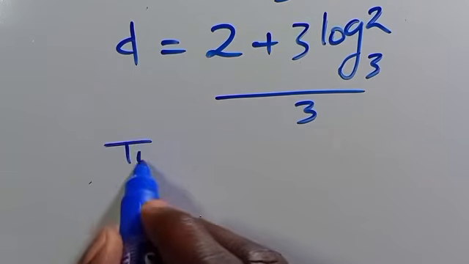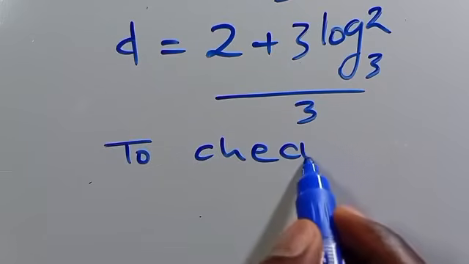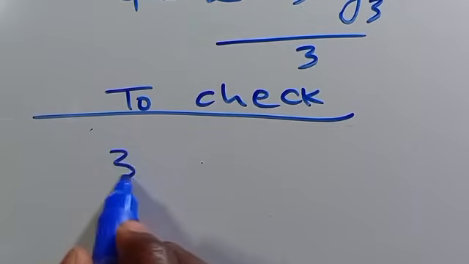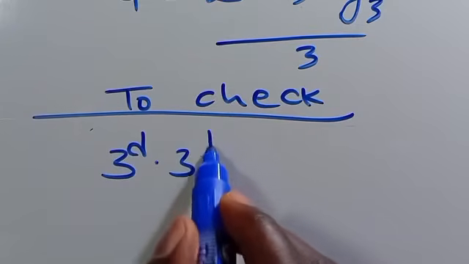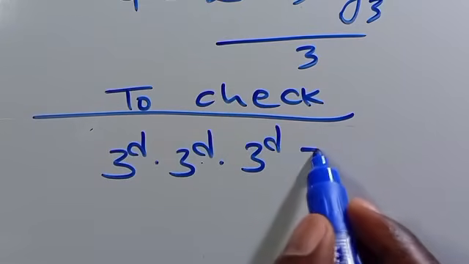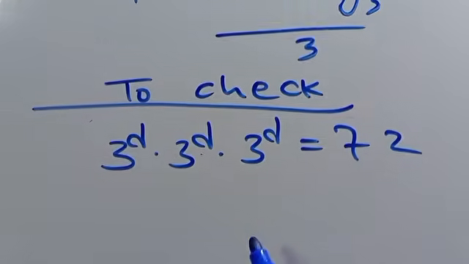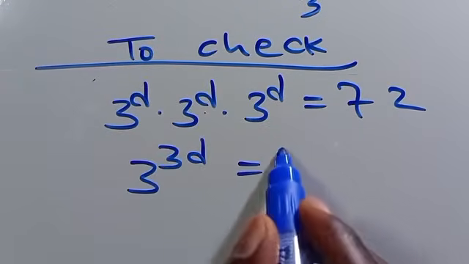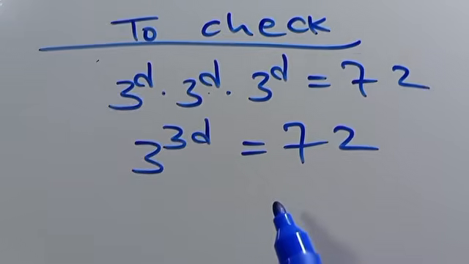So to check, let us recall we have 3 to the power of d times 3 to the power of d times 3 to the power of d equals 72. Then this equals 3 to the power of 3d equals 72.